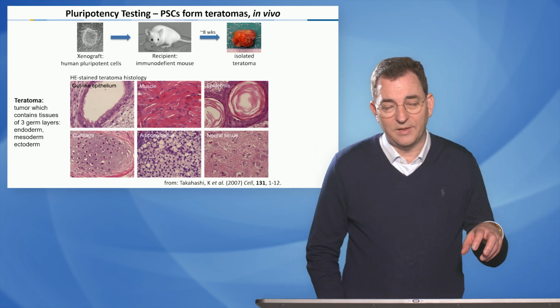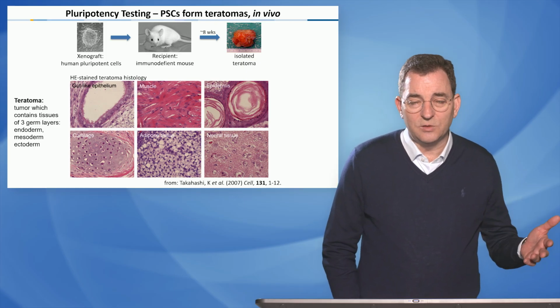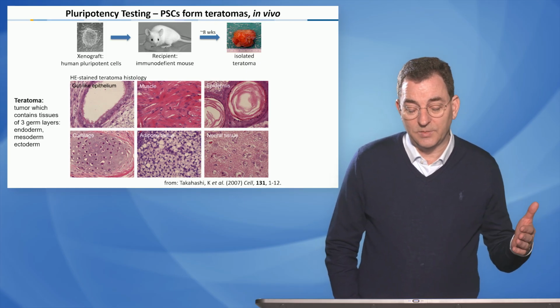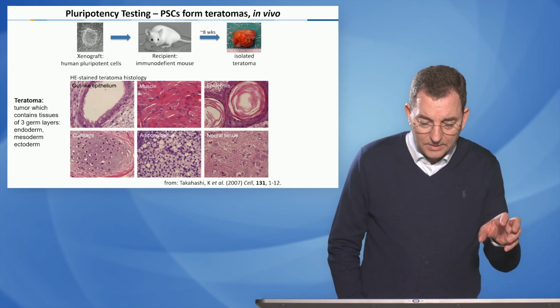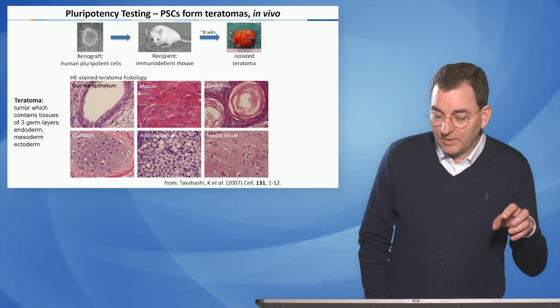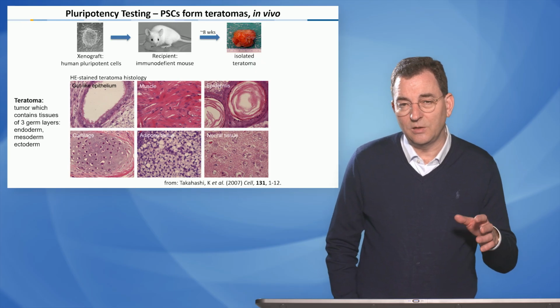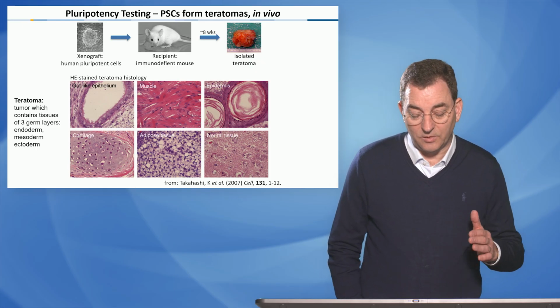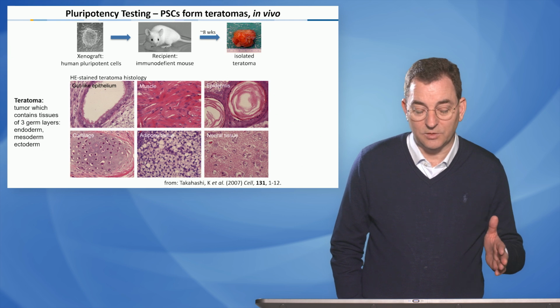So if you transplant those into an immunodeficient mouse, they form tumors, for example, directly under the skin or in part of the kidney. So they would form teratomas, and these are tumors which contain all different types of cells of all germ layers. And that's the definition of a teratoma.